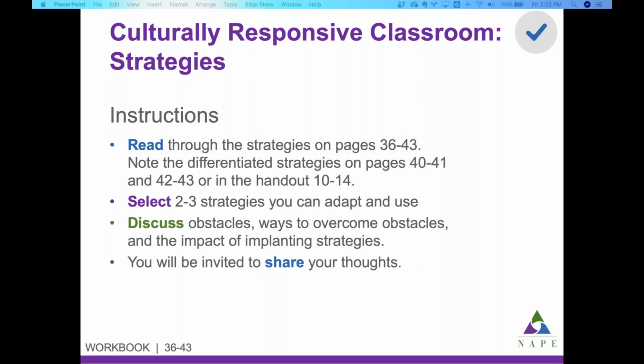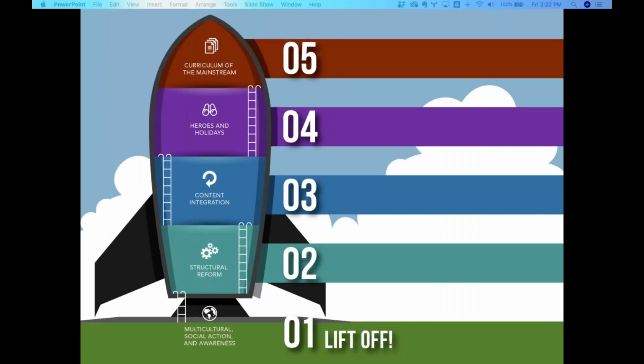The last topic I want to introduce to you is on understanding the 5 stages of multiculturalism. So this is in your packet, a little bit of description and an exercise. We won't have time to do the full exercise together, but I want you to be able to reflect on it afterwards.